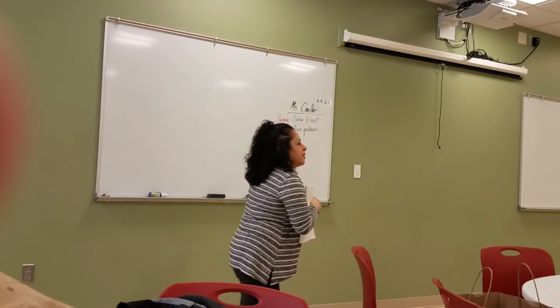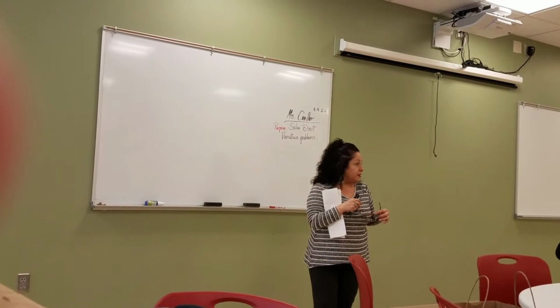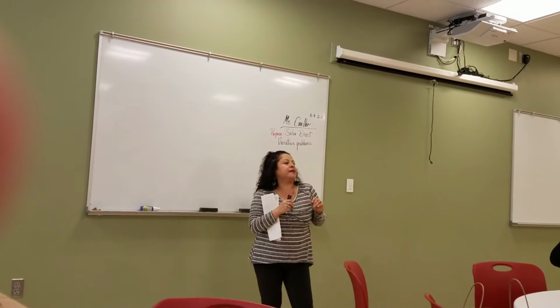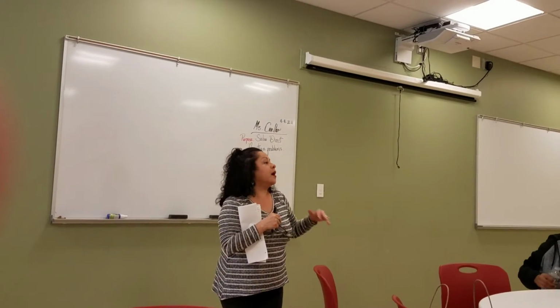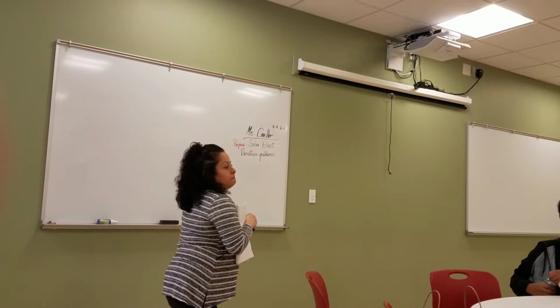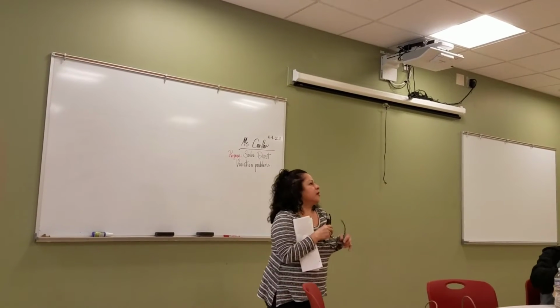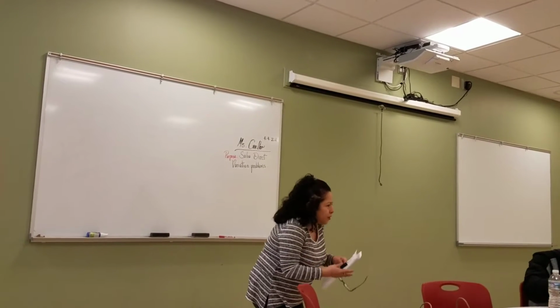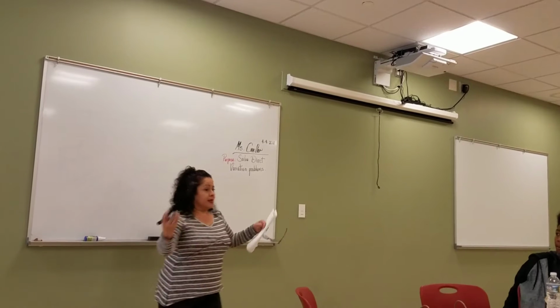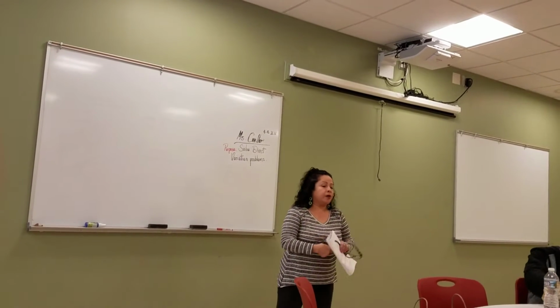Let's say you get paid $10, $12 an hour, and the total that you're going to earn will depend on how many hours you work. Say you work 5 hours in a week, only 5 hours because you're a student, and you have to do homework.